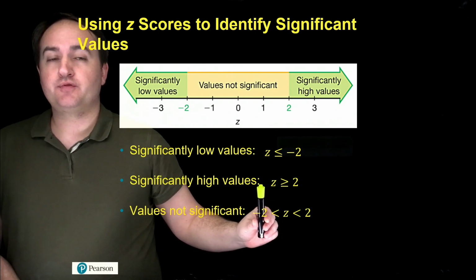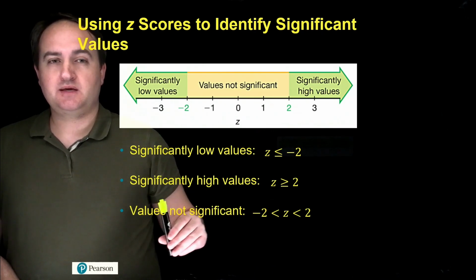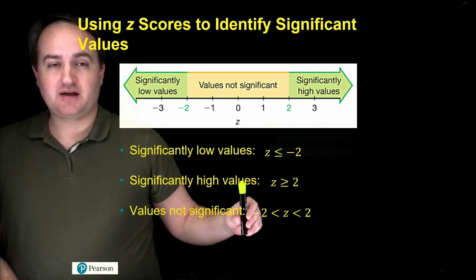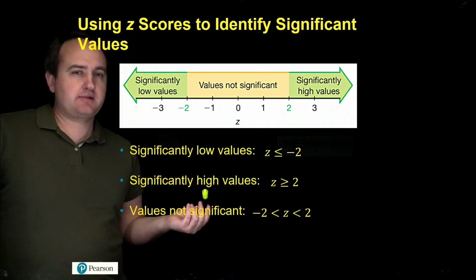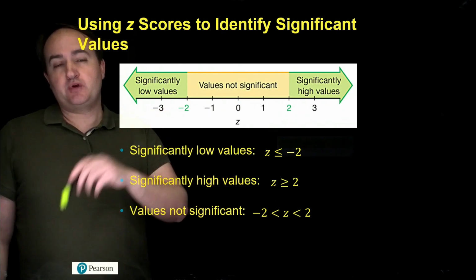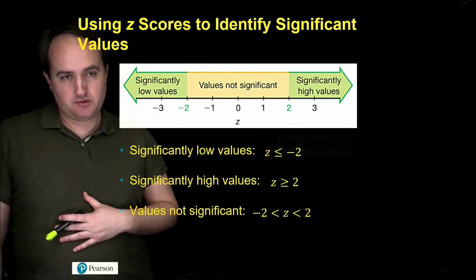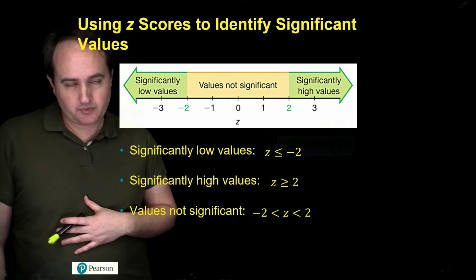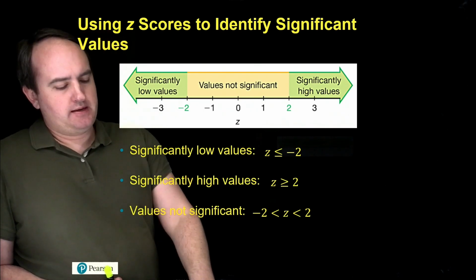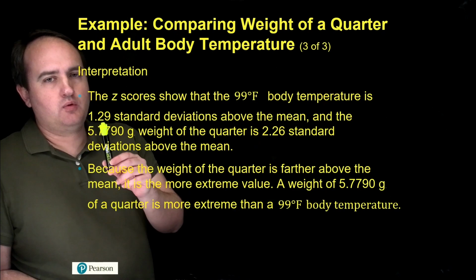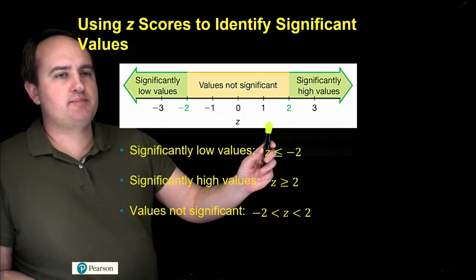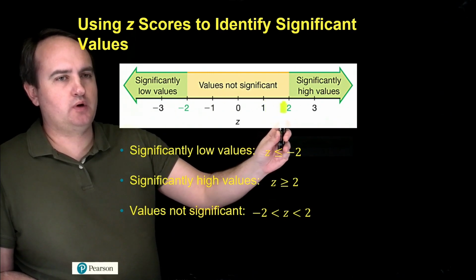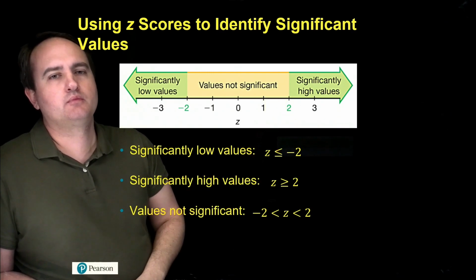So that weight of the quarter would be considered a significantly high value. And if you want more information about the range rule of thumb, definitely watch my videos from the previous section, from section 3.2 of the same book. Okay? But the other z-score we got of 1.29 for the body temperature would not be significant because that's between 1 and 2. Okay?